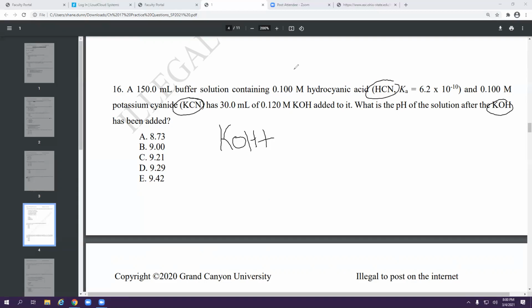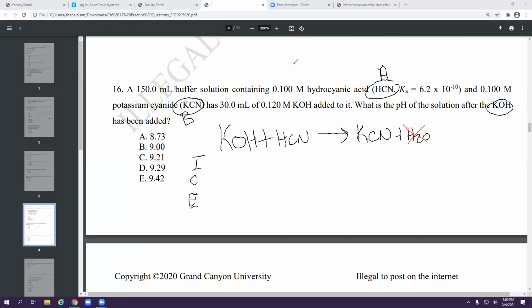Which one's my acid? Which one's my base? This is my acid. This is my base. This one I'm sure of. KCN plus water. Cancel. I will get an ICE table because you always do ICE for buffer.